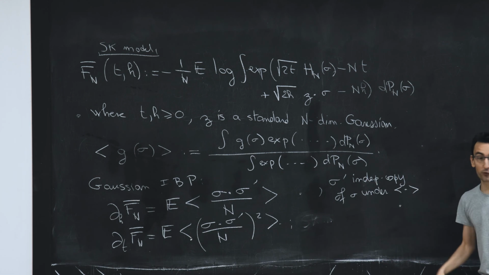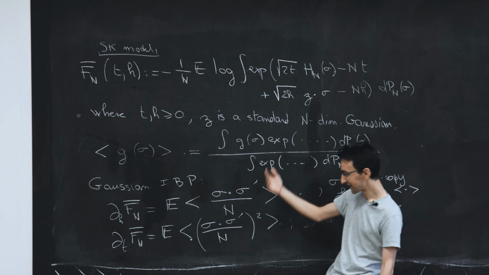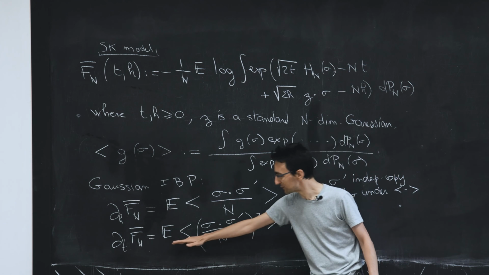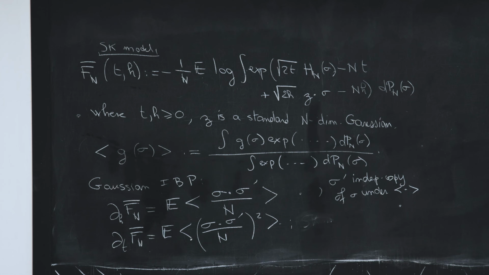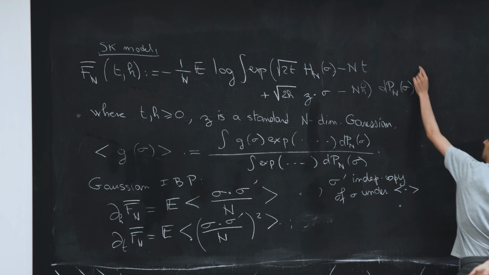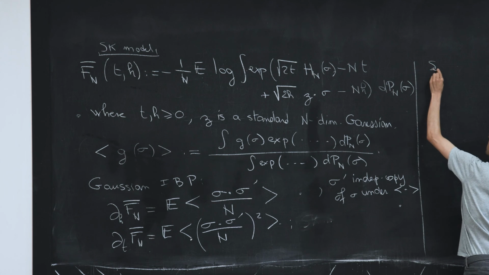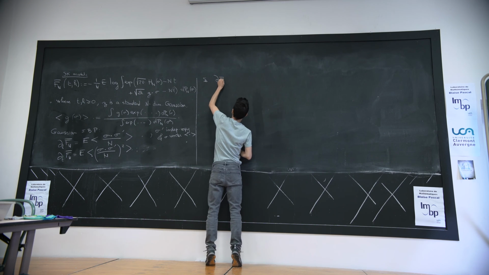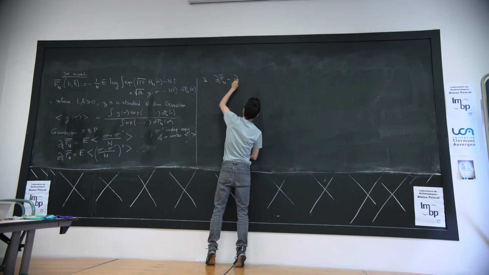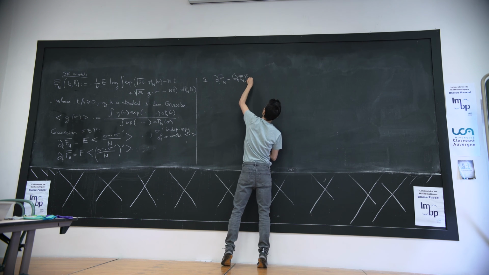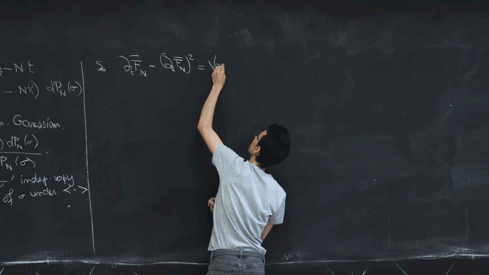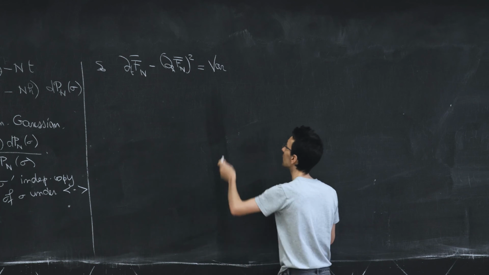It seems that for the SK model, we are in our very well-known terrain now. Like in Curie-Weiss or like in statistical inference, it seems that the t derivative wants to be like the square of the h derivative, and the difference is some variance term. So ∂_t F_n bar minus (∂_h F_n bar) squared equals, so let me write variance, even though there are two levels of disorder again.